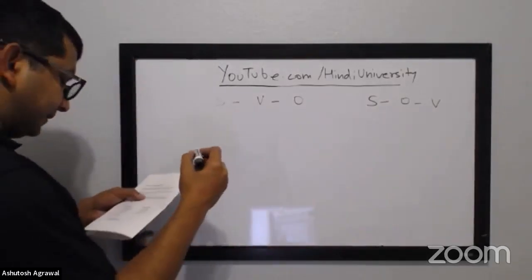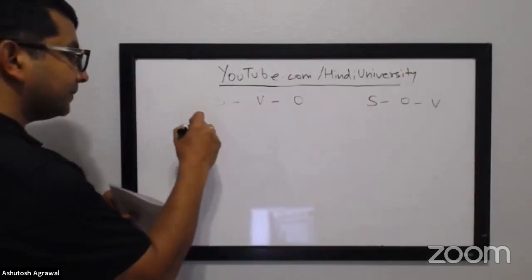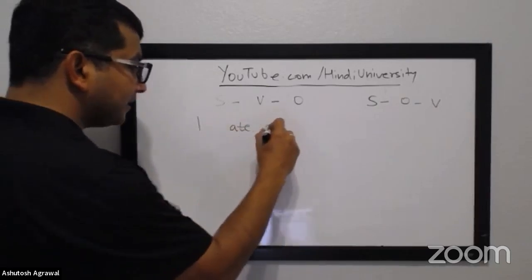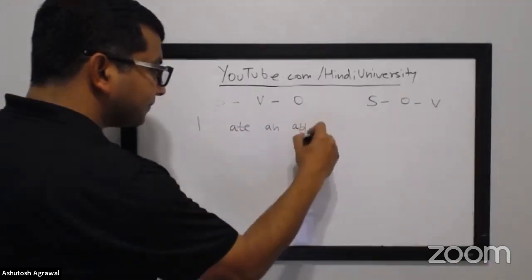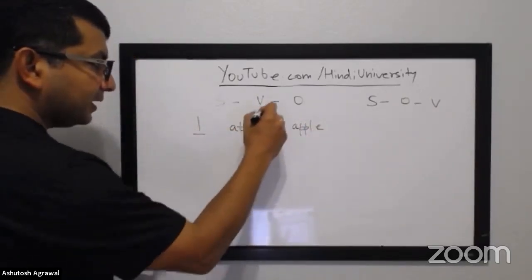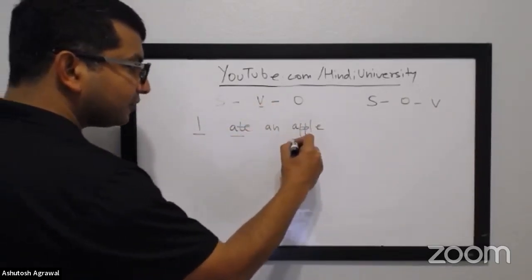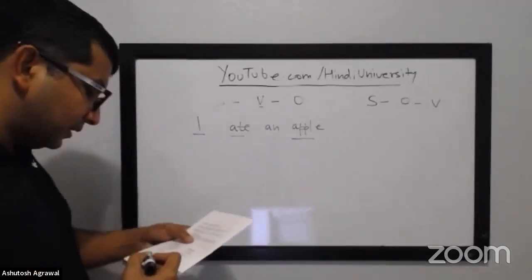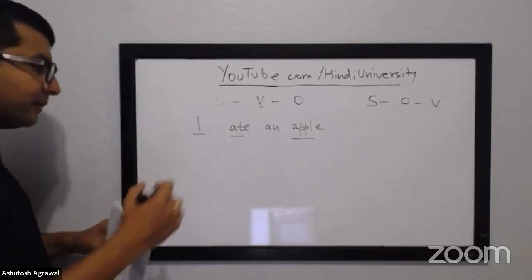I'll write it in English, something that Uni also mentioned: I ate an apple. You have a subject, then a verb, and then an object. I ate an apple. Simple. So far so good. I'm going to write some more sentences and mix it up.